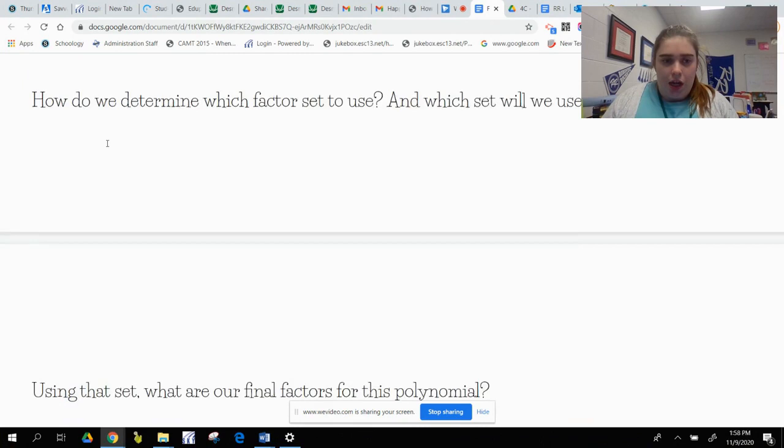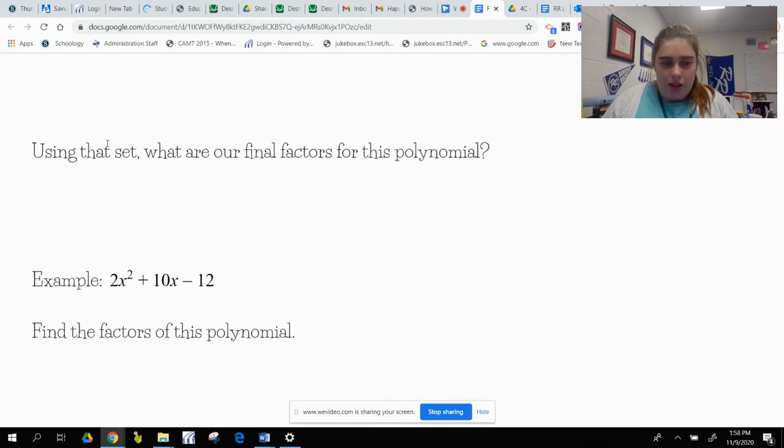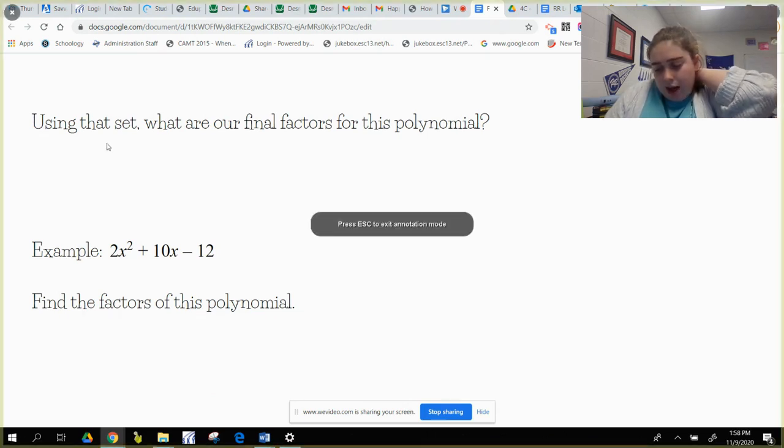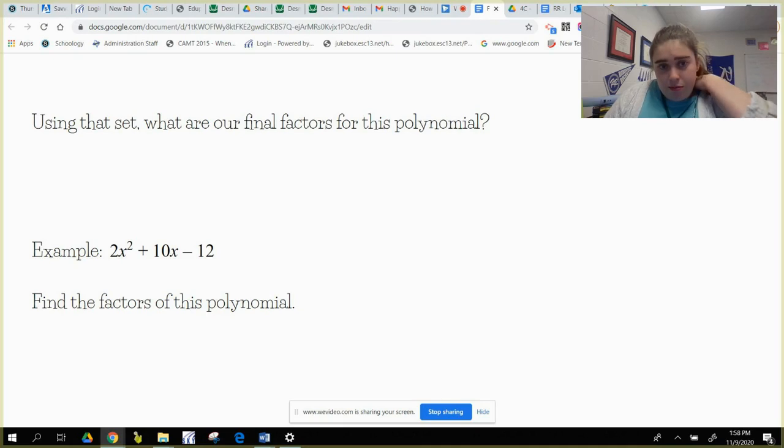All right, so we're using that negative 2 and 6. Okay, the reason why we're picking a set to use is that it is going to end up being basically what our factors are. So since we didn't have a greatest common factor to take out, we just need to write 2 binomials like that, okay?